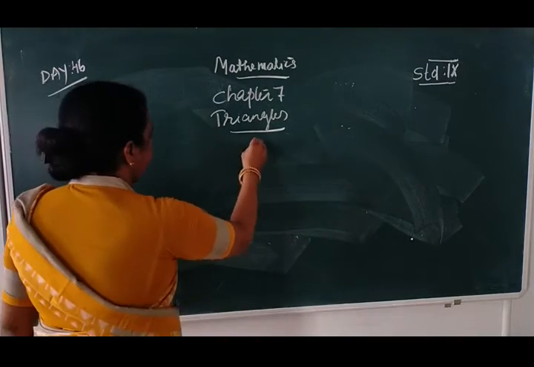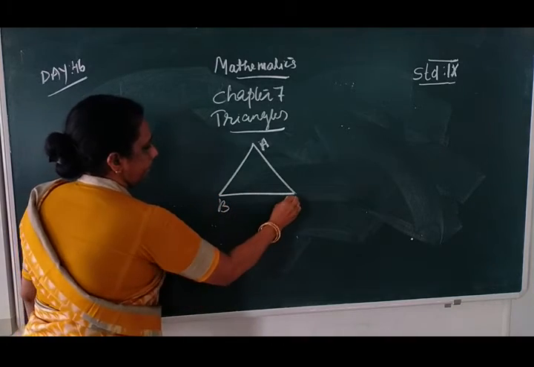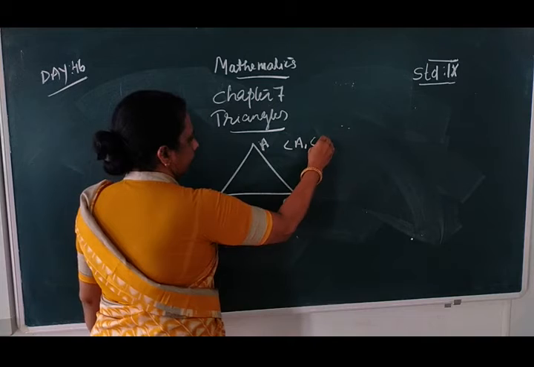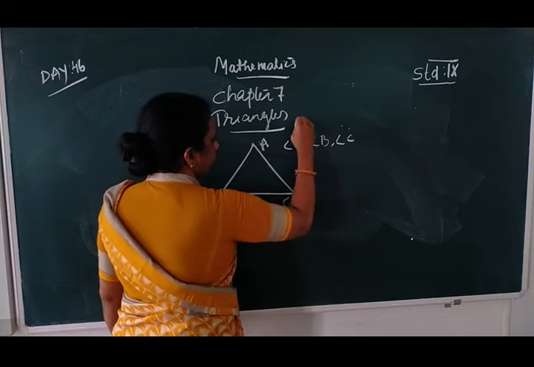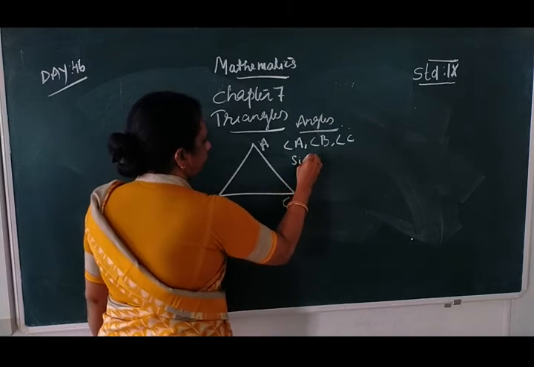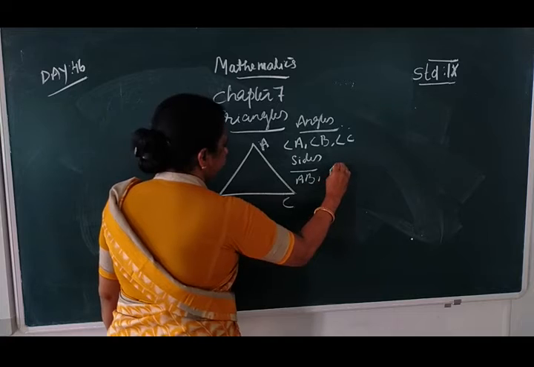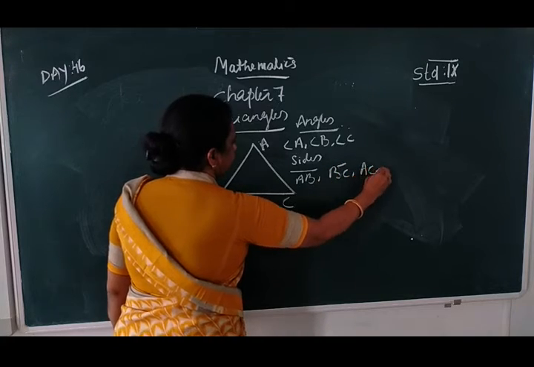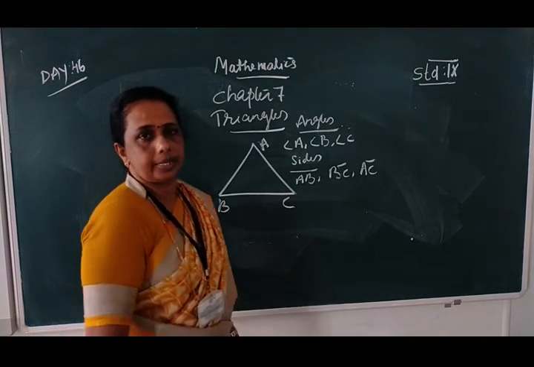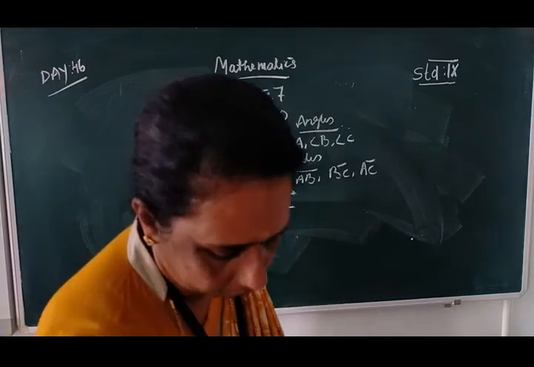In triangle ABC, there are 3 angles: angle A, angle B and angle C. These are the angles of this triangle. Then the sides are AB, BC and AC, and the vertices are A, B and C. Therefore, a triangle has 3 sides, 3 angles and 3 vertices.